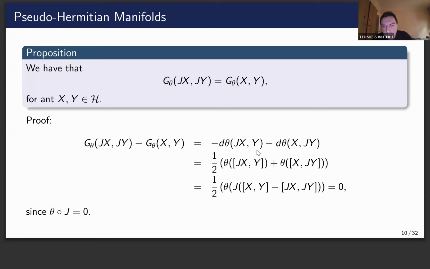Then using the integrability condition we mentioned, we can write this as this. We have the theta outside, and then due to linearity we have it here, and we use this relation to prove that it's actually 0. So essentially, this is equal to this.